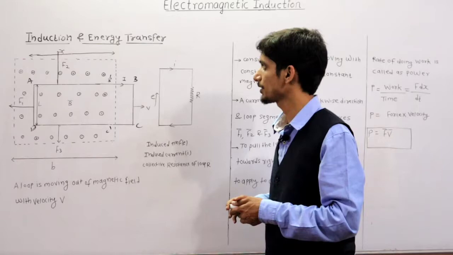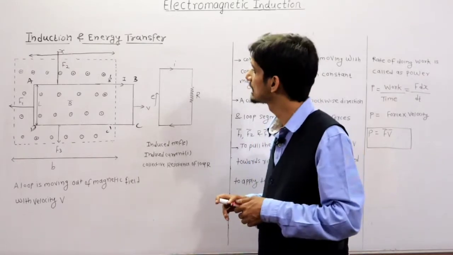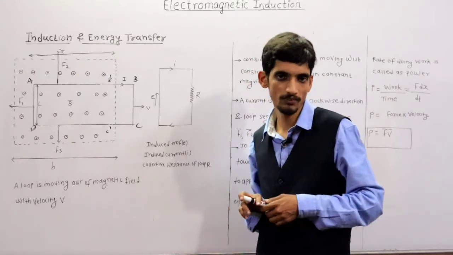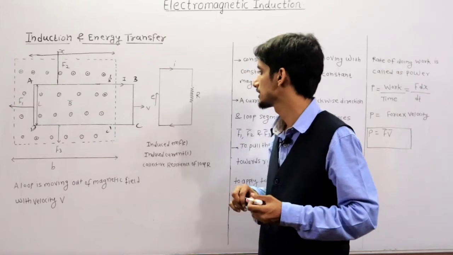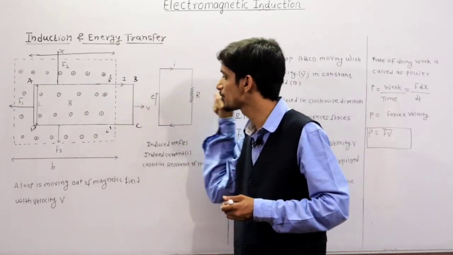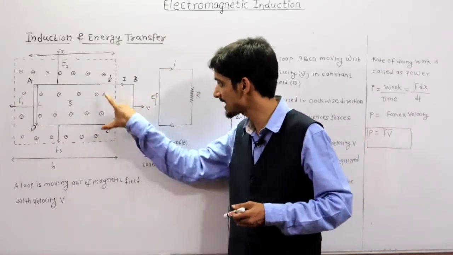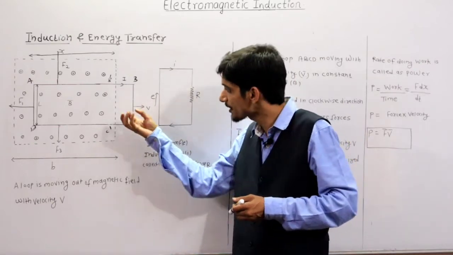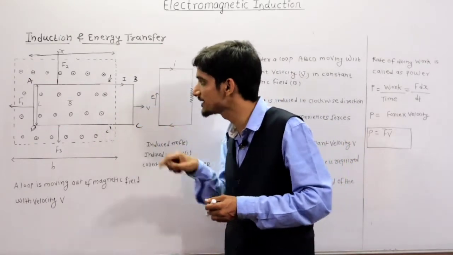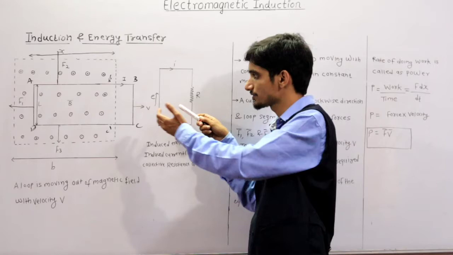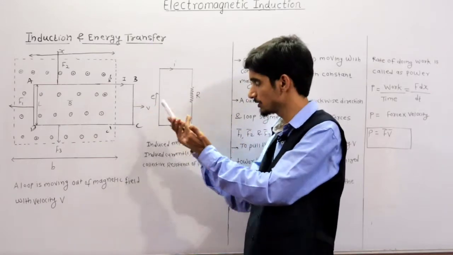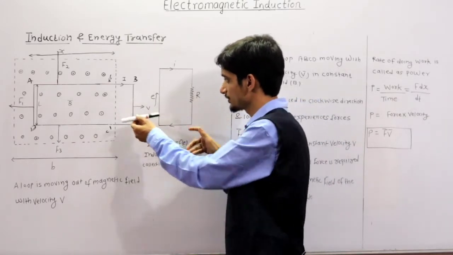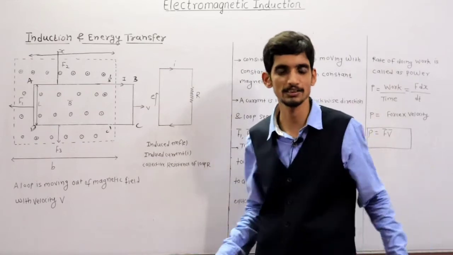After a certain instant of time, what happens? I apply some mechanical force on the segment B dash C dash, and I try to pull that segment towards the right side, like this. So this segment moves like this.